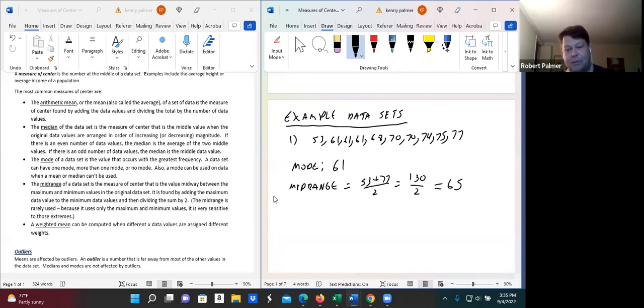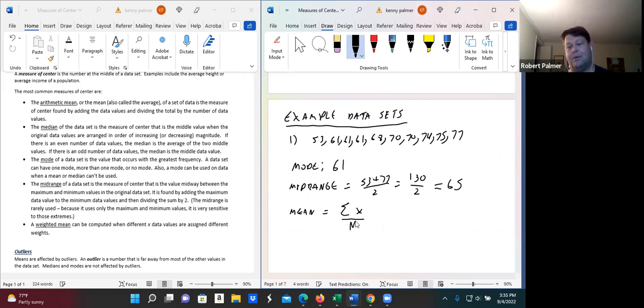Now, let's find the mean. So the mean, once again, is you're going to sum up, and this is a Greek letter sigma. Often in math it means sum. We're going to sum these, or I'll call it the x's. Our x's are data values. We're going to divide by the number of them, however many we have.